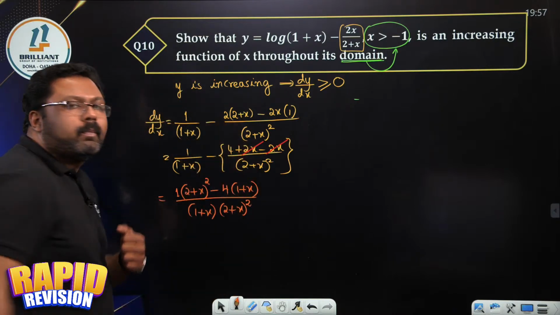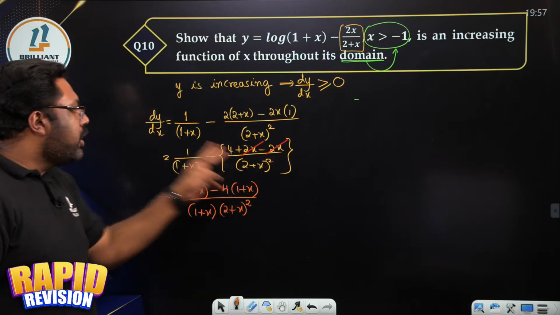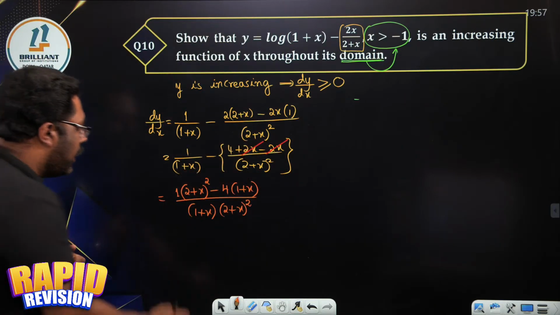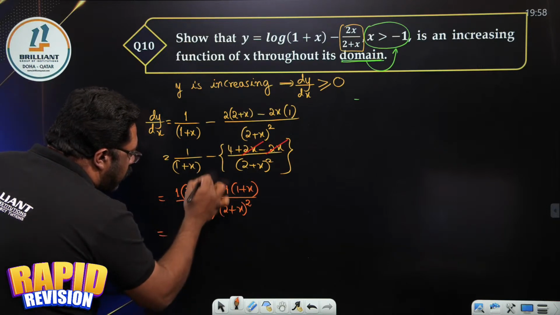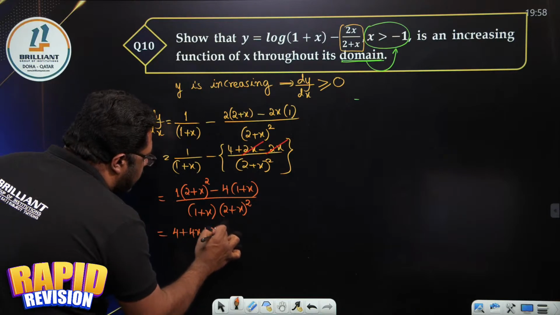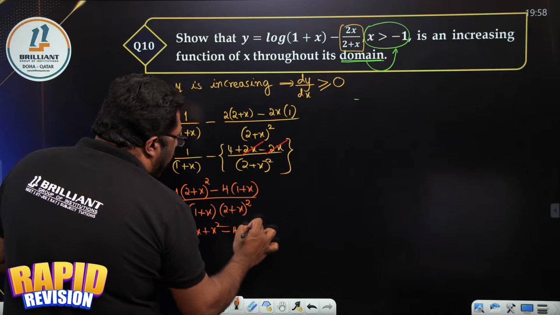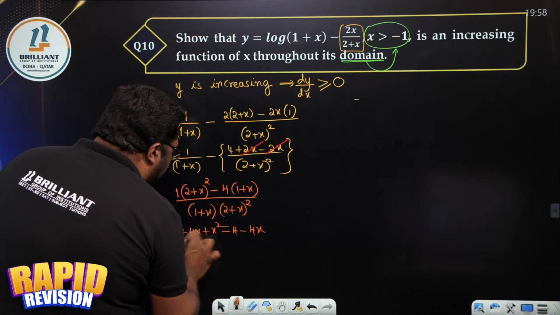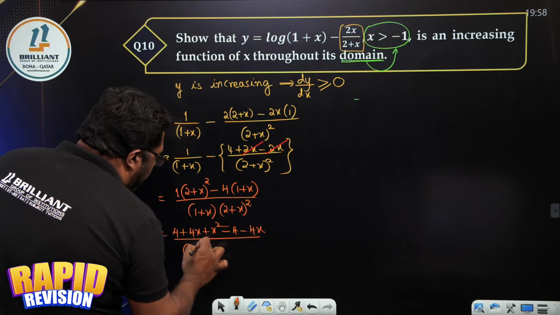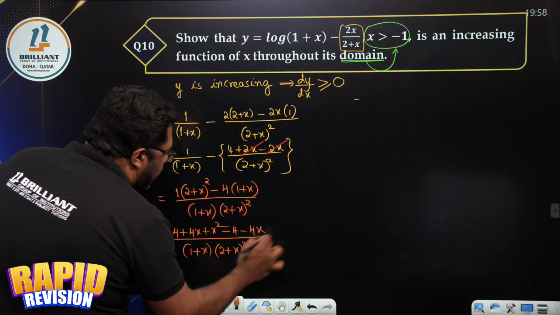LCM please. LCM of the expression in the previous step. Cross multiply and LCM. Simplify it. 2 plus x squared, 4 plus 4x plus x squared. Multiply minus 4 minus 4x divided by 1 plus x, 2 plus x squared.